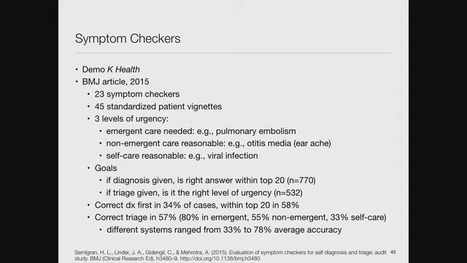The goals were that if a diagnosis is given by the program, it should be in the top 20 of the list that it gives you, and if triage is given, it should be the right level of urgency. The correct diagnosis was first in 34% of the cases, was within the top 20 in 58% of the cases, and the correct triage was 57% accurate. But notice it was more accurate in the emergent cases, which is good because those are the ones where you really care.